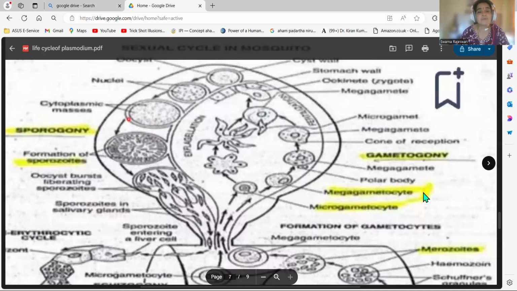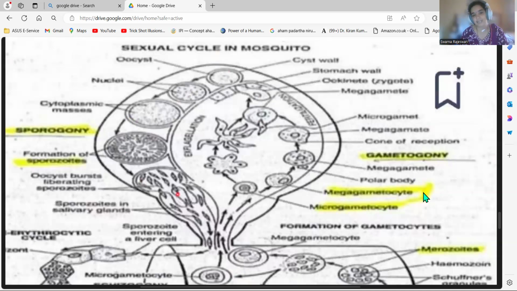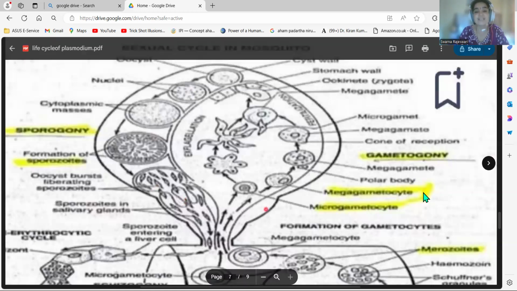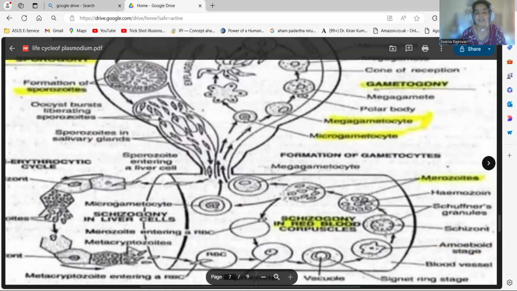Now the wall of the sporocyst becomes weak, ruptures, and liberates these sporozoites into the mosquito. They travel the entire way and again stay in the salivary glands, and they are now ready again for infection. Whenever this mosquito bites a normal person, these sporozoites are introduced into that person and carry the asexual cycle in the man.